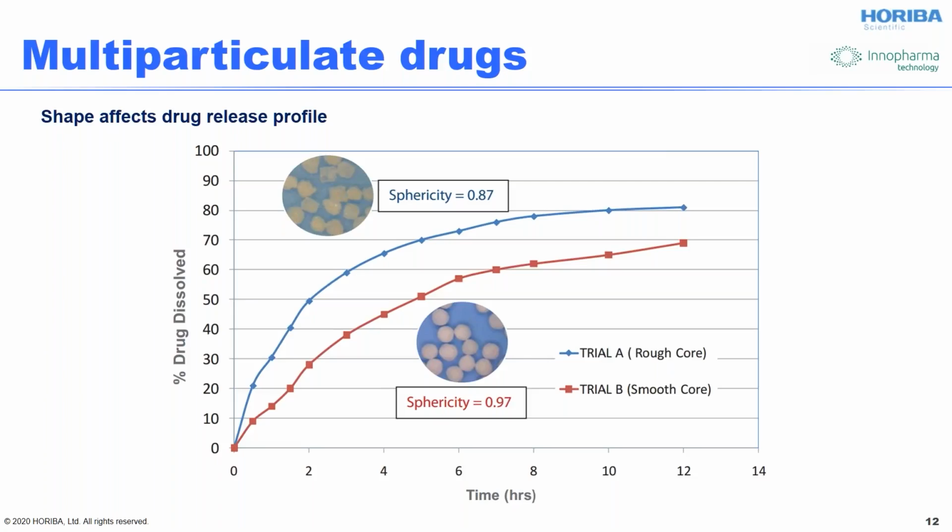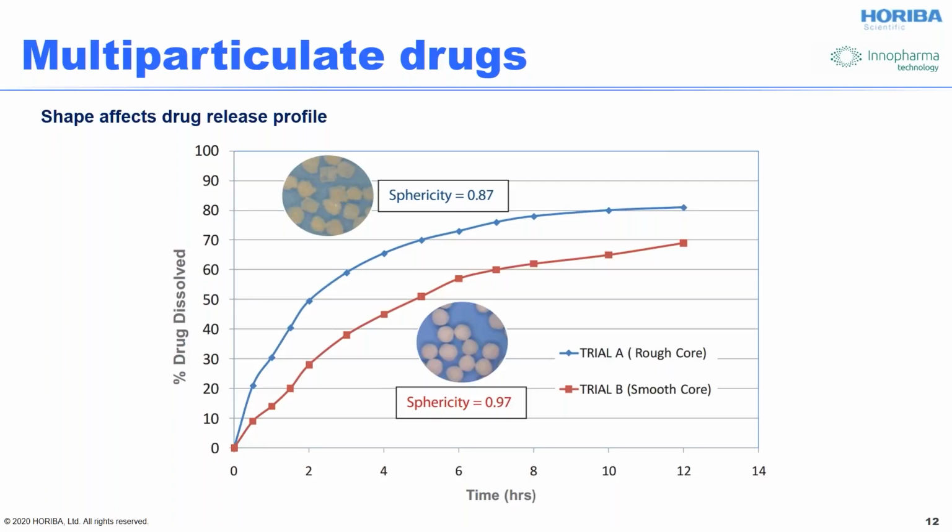Trial A has a rough core with a sphericity of 0.87, and trial B has a smooth core with a sphericity of 0.97. You can see there's a significant difference in dissolution for the 2 different particle shapes, even though they're the same size.